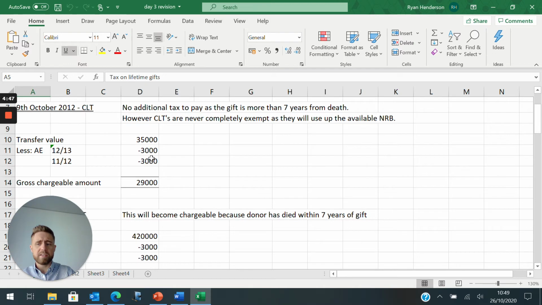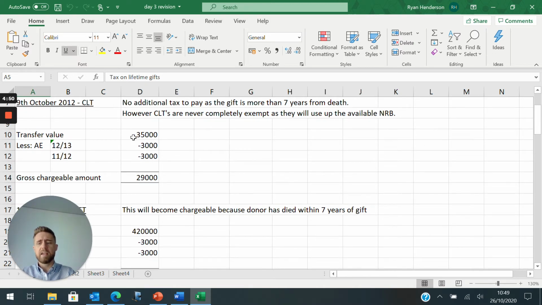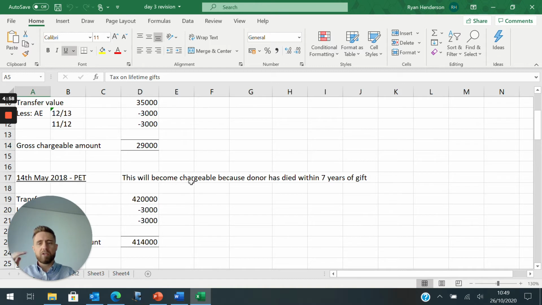So I still have to include it in my calculation here, as you can see. Transfer value minus exemptions, etc., to give you a gross chargeable amount, but no additional tax to pay. So as you can see here, I'm going in date order, chronological order, very, very important.